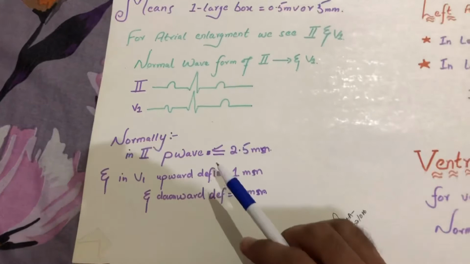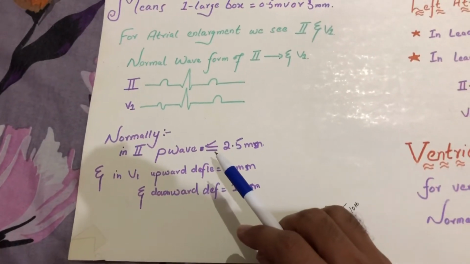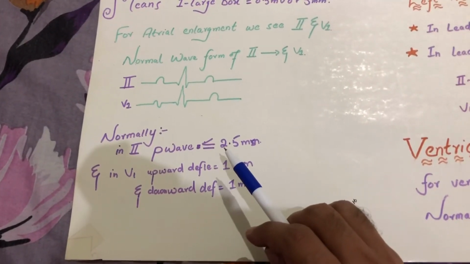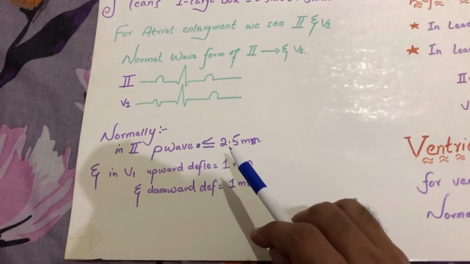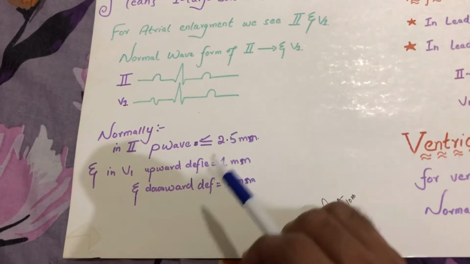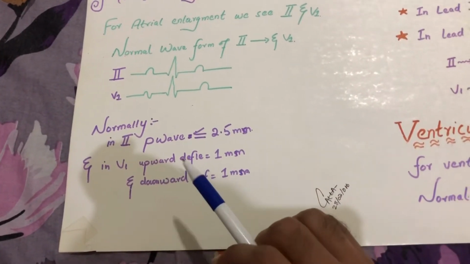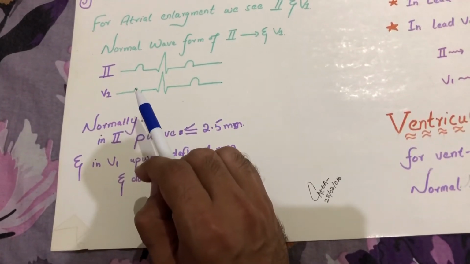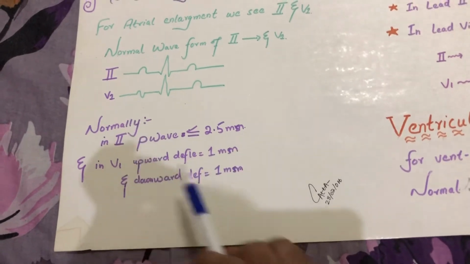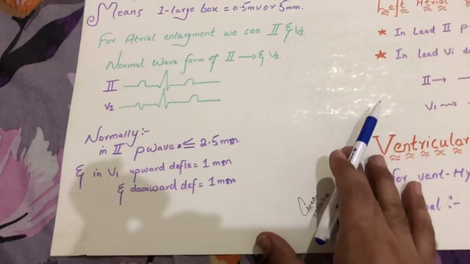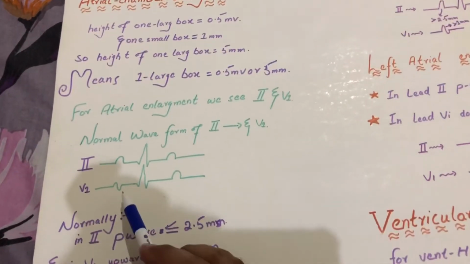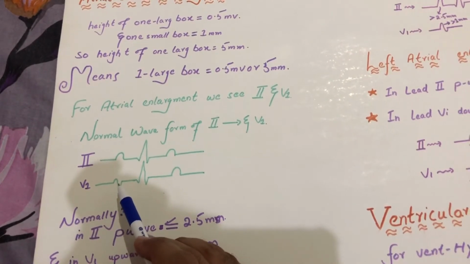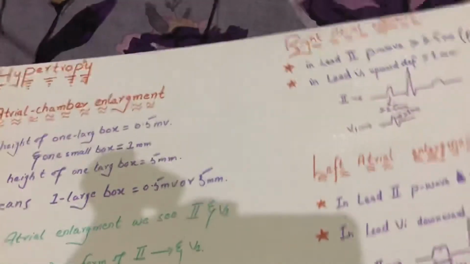The normal height of the P wave in lead 2 is equal to or less than 2.5 millimeter vertically, and in V1 it will be equal to 1 mm, one small box, upward and downward both.